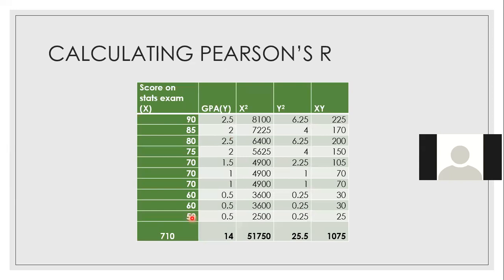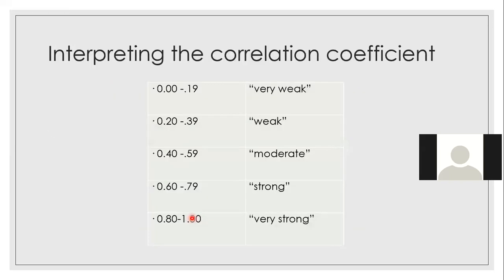Now, if we go back to this table, we see that 0.82 tells us that the relationship between the mother's education and the daughter's education is a very strong relationship, with a correlation value of 0.82.